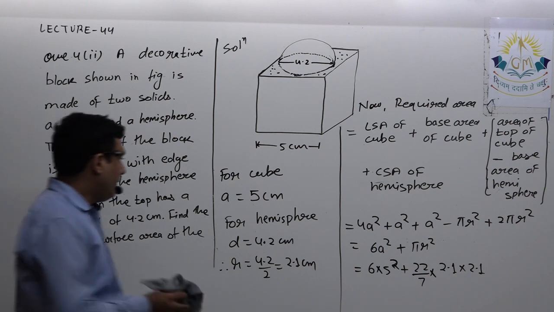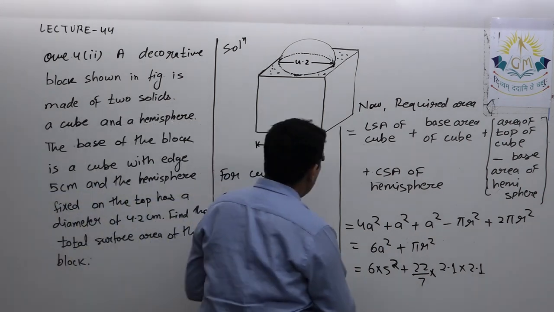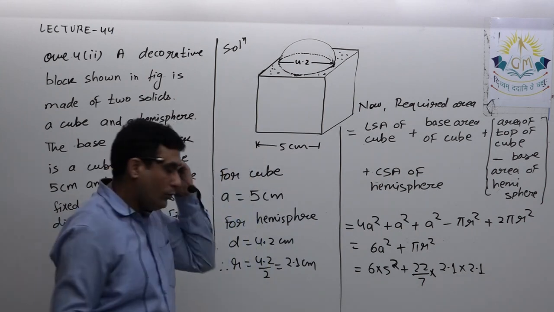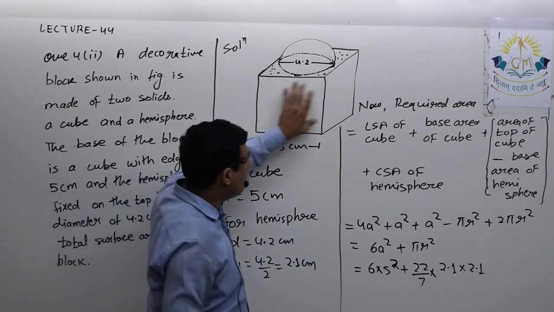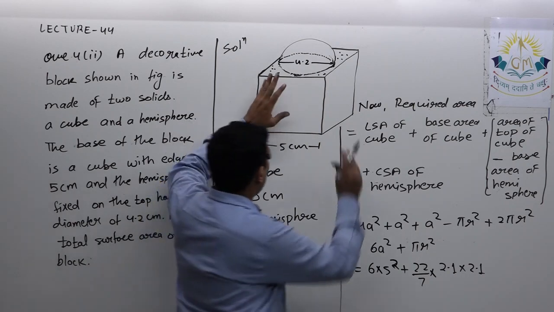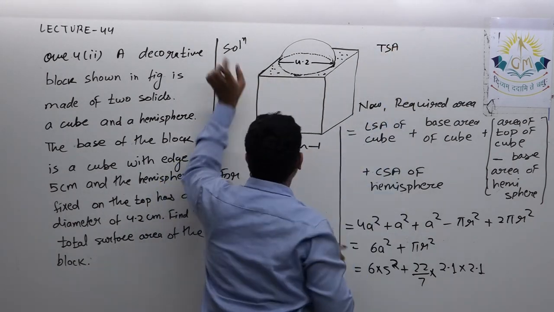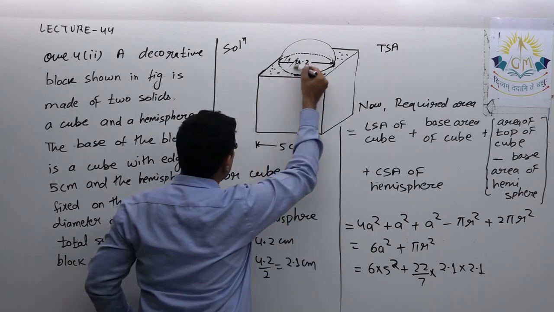Okay, so now we'll see its calculation part. Before I start the calculation part, let me explain once again one more way. See, if I take the total surface area of this cube, it means I also included this circular area.